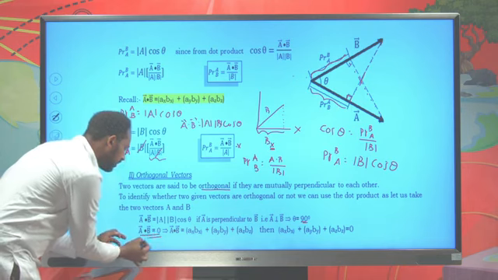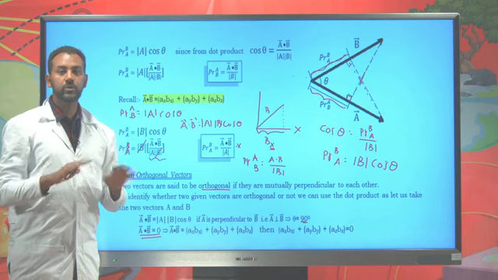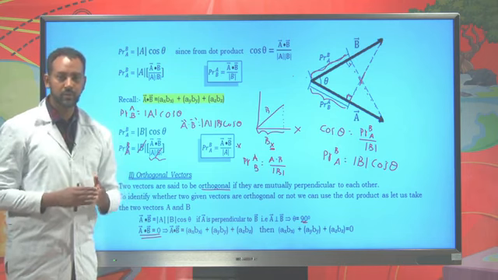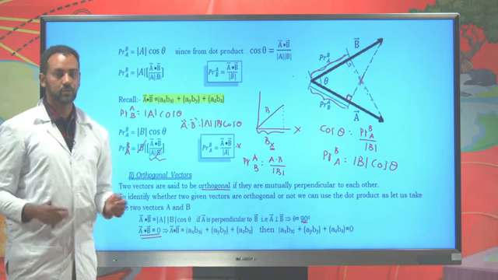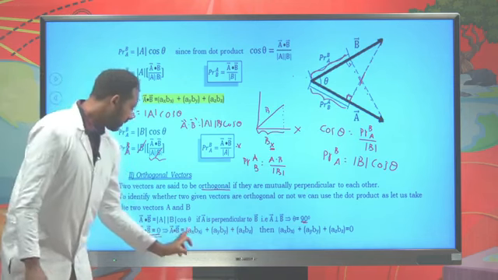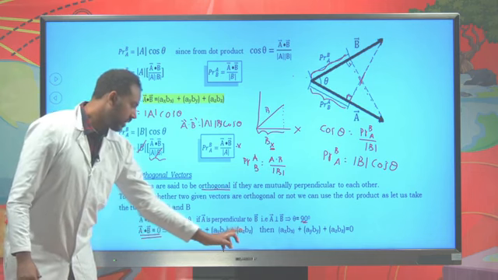Whenever you are trying to determine A dot B, if the result of A dot B is 0, you can say that the two vectors are mutually perpendicular to each other, or they are orthogonal vectors. And A dot B can be determined by multiplying the coefficients AX, BX, AY, BY, AZ, BZ.